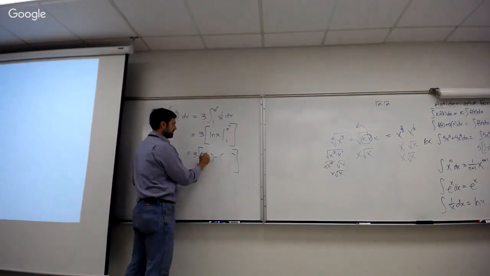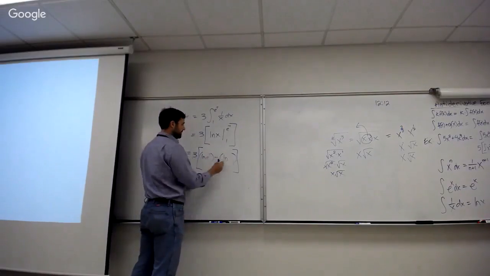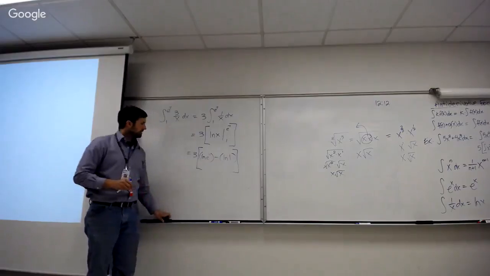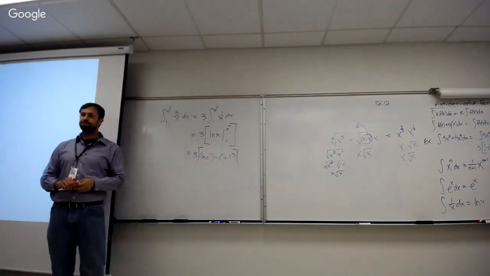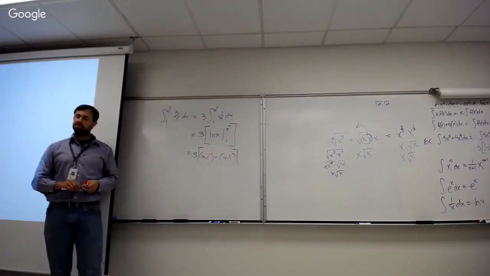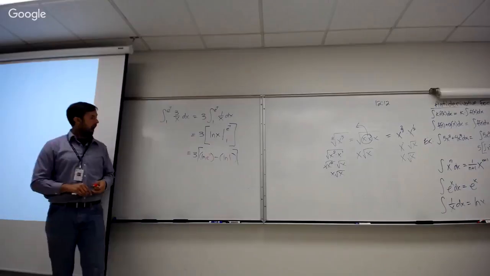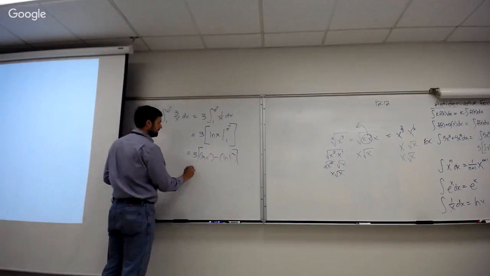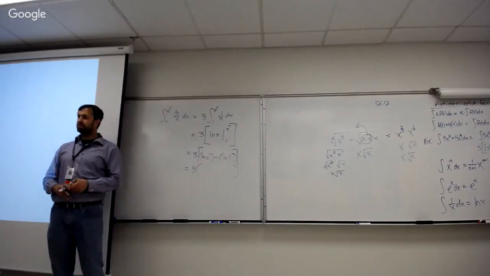Natural log of e to the 7th minus natural log of 1. Both of those you could type into your calculator. Very careful. You could type in natural log of e to the 7th, and then you could type in natural log of 1.